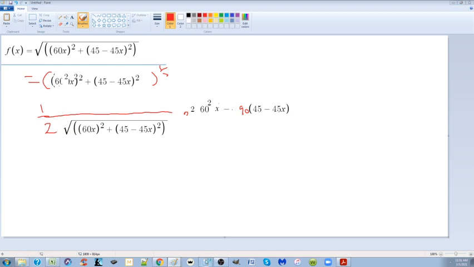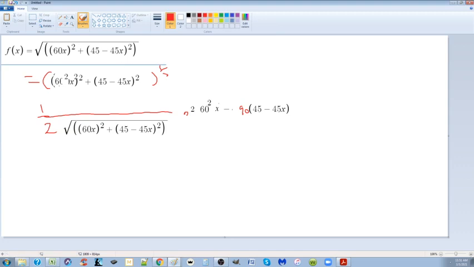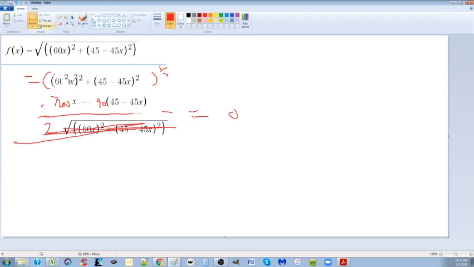What's 360 squared? 3,600. Times 2? 7,200. All of it times 1, it's this. Now the beautiful thing here is I can set this whole thing equal to 0 and ignore that, which means I just have to figure out this. And there's no real easy way to do it except expanding.